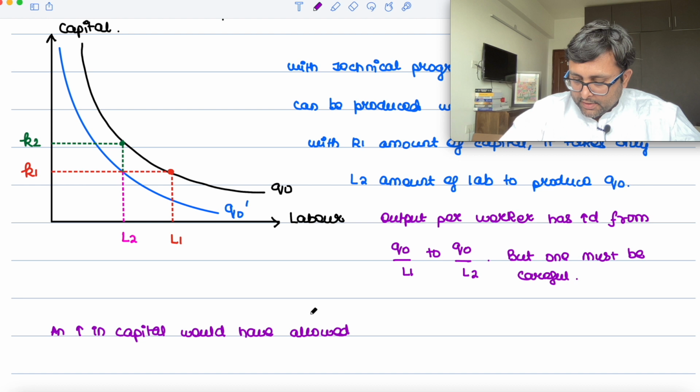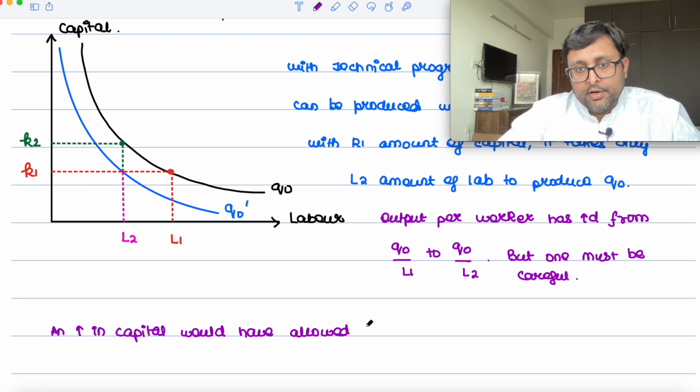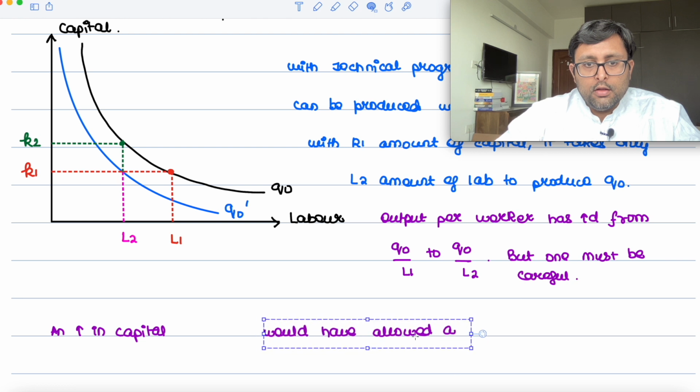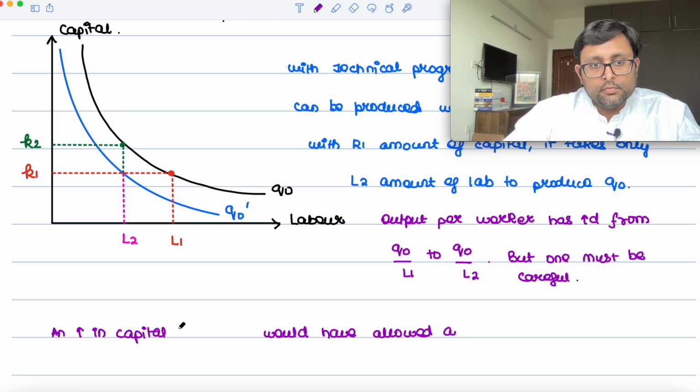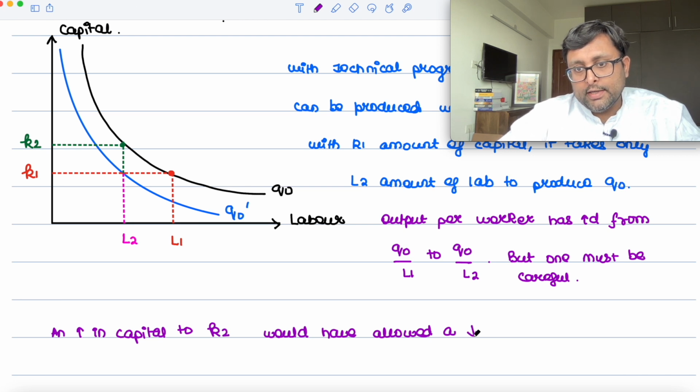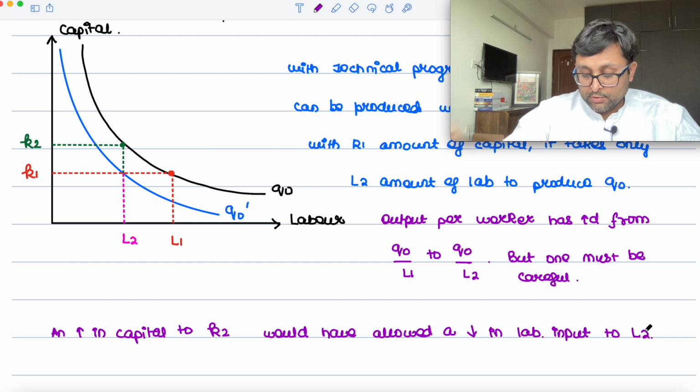An increase in capital to K2 would have allowed a decrease in labor input to L2, along an original isoquant Q naught.